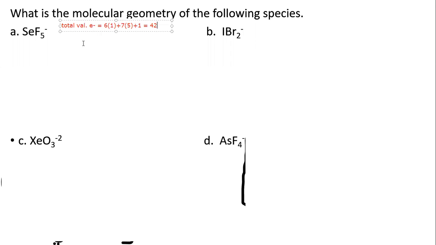And so we have 5 halogens. So each one's going to want 8. So 5 times 8, or excuse me, 42 minus 5 times 8 equals 2. So we're going to have 5 bonding pairs and 1 lone pair.